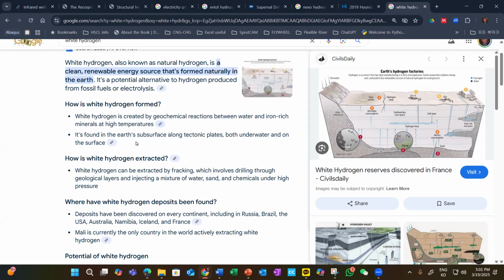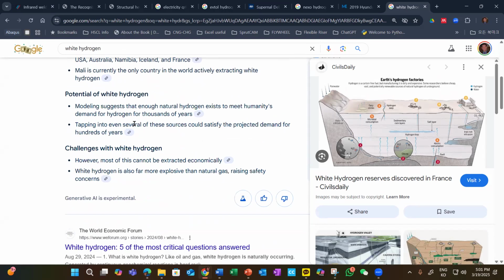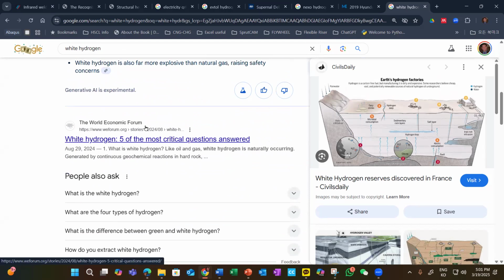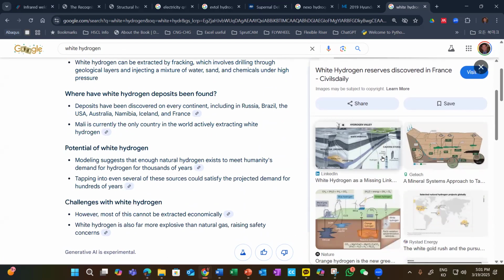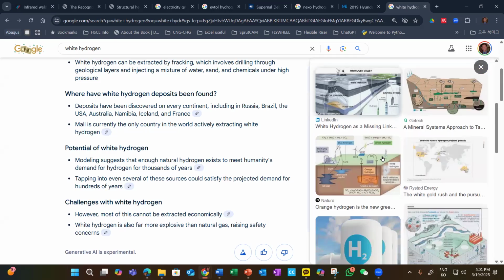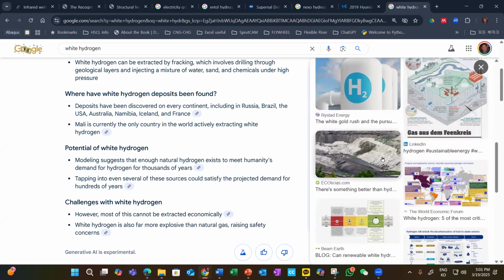It is found in the Earth's subsurface along tectonic plates, both underwater and on the surface. You can find much good information. If this hydrogen is available just from the Earth, there will be a total paradigm change.